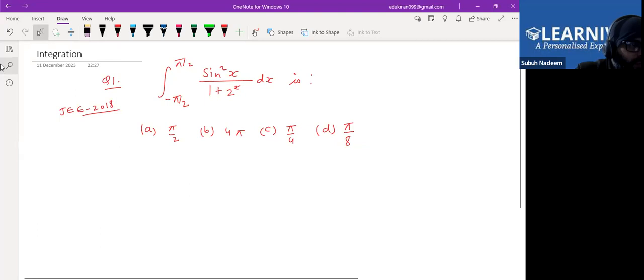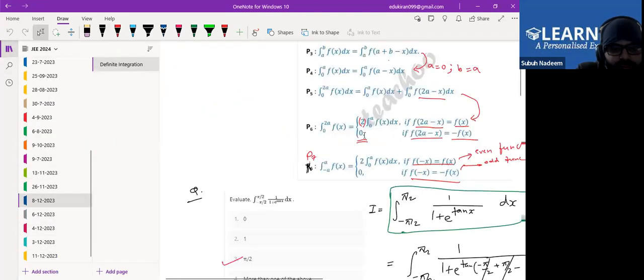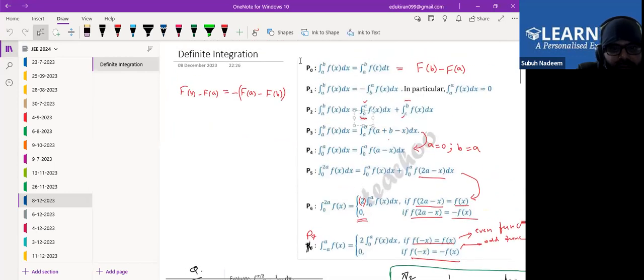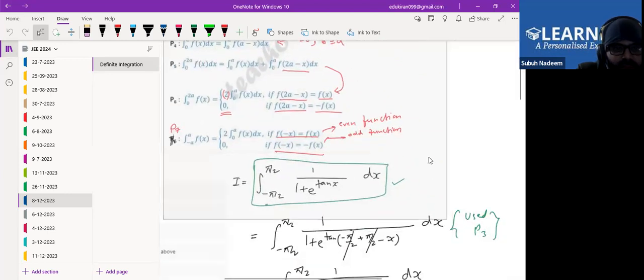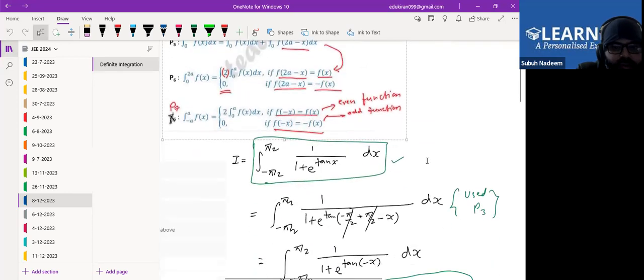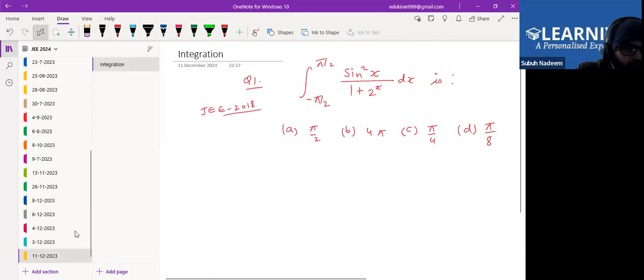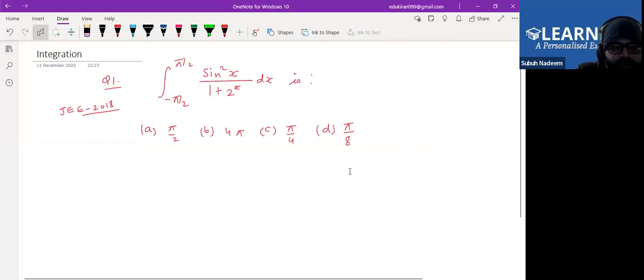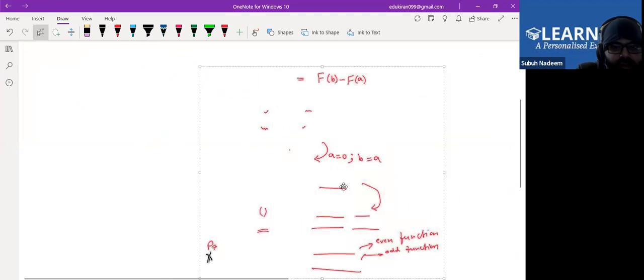Properties, I'm again pasting it here in case you don't remember exactly what it was. So these were the properties. I hope it is written somewhere with you. So I'm taking this from here to here so that you would not forget. So that image is not being copied.